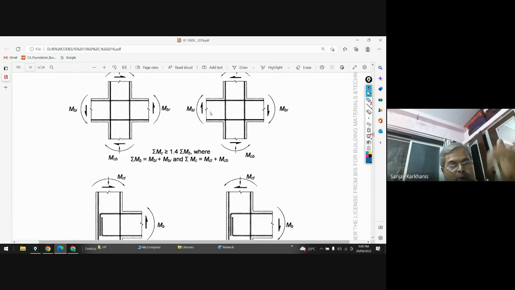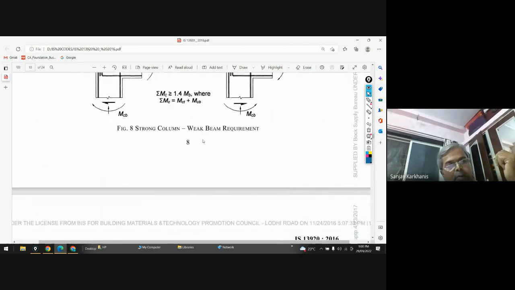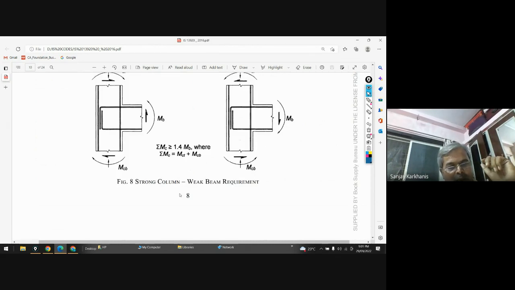Okay, so all that you can check over here. So weak beam requirement: strong column and weak beam. Now, whatever we are saying over here, that strong column and weak beam, that does not mean we are expecting the beam to fail.